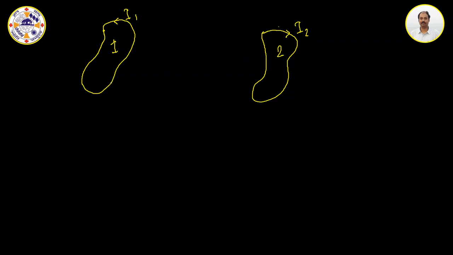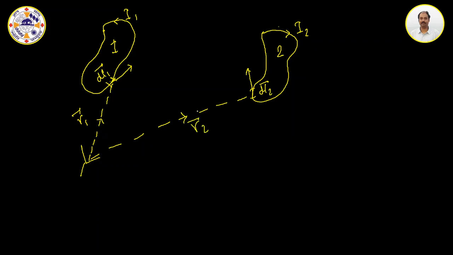Now we consider two current elements, dl1 and another current element dl2. The position of dl1 and dl2 with respect to an arbitrary origin, say this is r1 and this is r2.